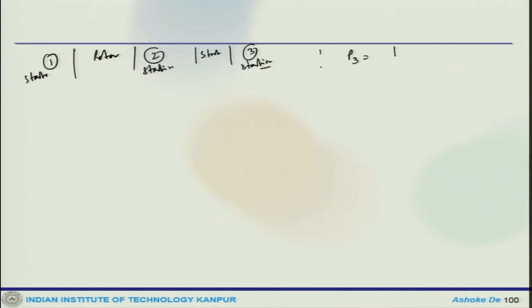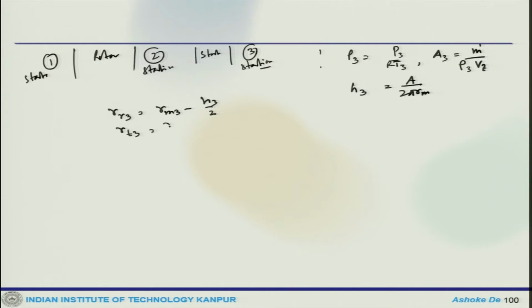We get rho 3 is P 3 by R T 3, where A 3 is m dot by rho 3 V z. Okay. So, we now calculate the blade height there, which would be H 3, which is A by 2 pi R m. Now, if the compressor is designed with constant mean radius, then the root and tip radius can be calculated very easily, like R R 3 is R m 3 minus H 3 by 2, and R T 3 is R m 3 plus H 3 by 2.